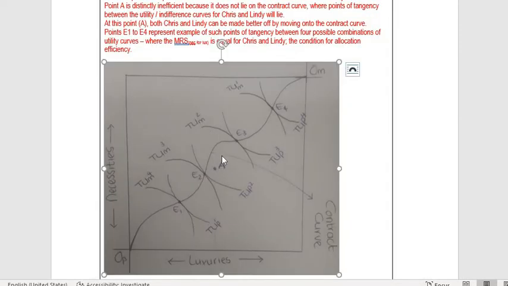And what is important to note about this contract curve is that all these points of tangency on the contract curve represent allocational efficiency, because at this point the marginal rate of substitution for Chris is equal to the marginal rate of substitution for Lindy.